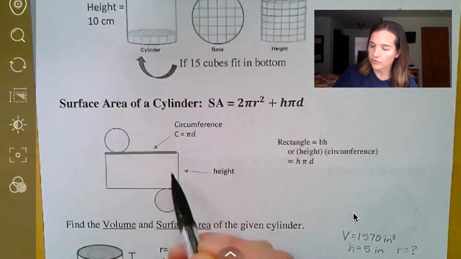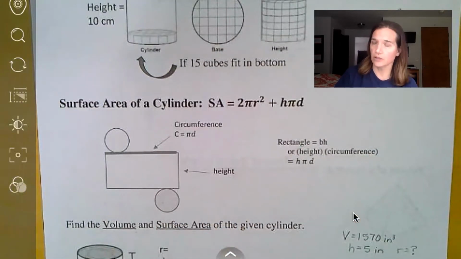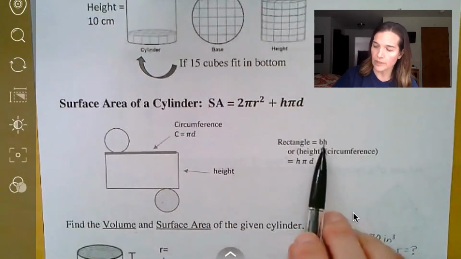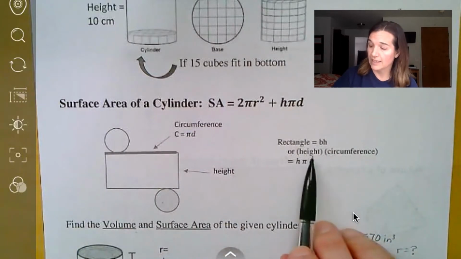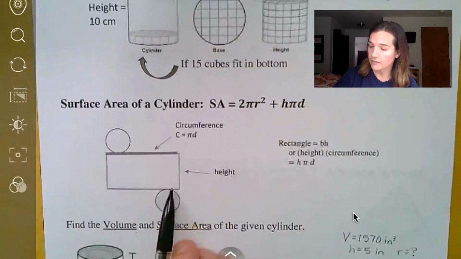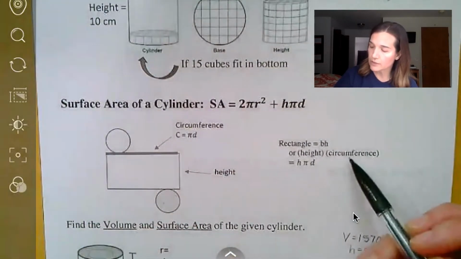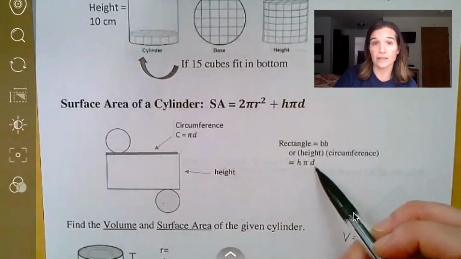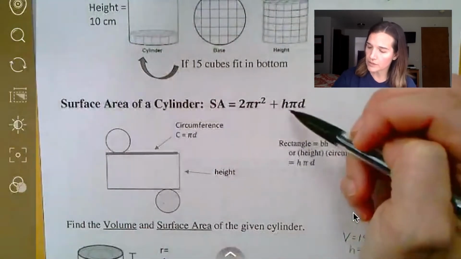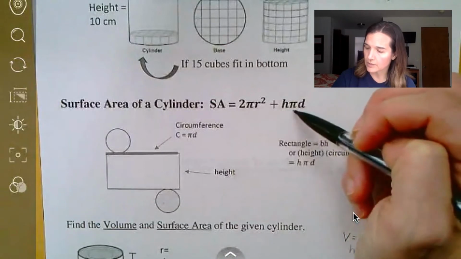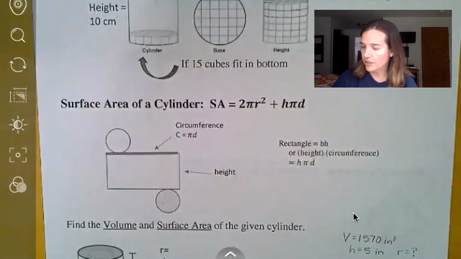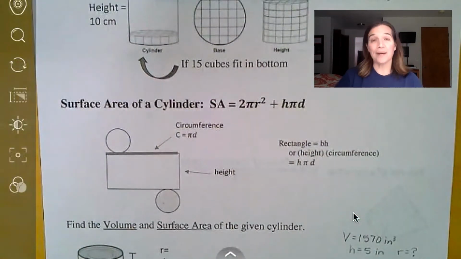And then when we go to find the area of this piece here, remember the area of a rectangle is base times height, or in this case, it's going to be height of the shape times the circumference, that circular piece. And circumference of a circle is pi times diameter. So we end up with this height of the whole thing times pi times diameter. Big old formula there, but that's the one we use when we want to find the area of all the surfaces, surface area of a cylinder.